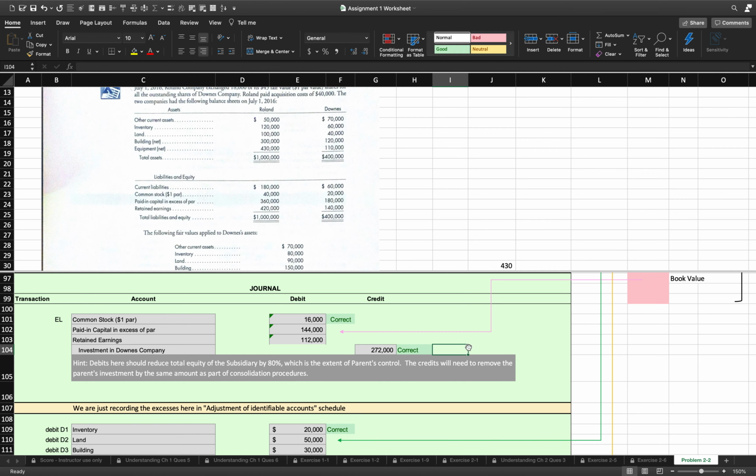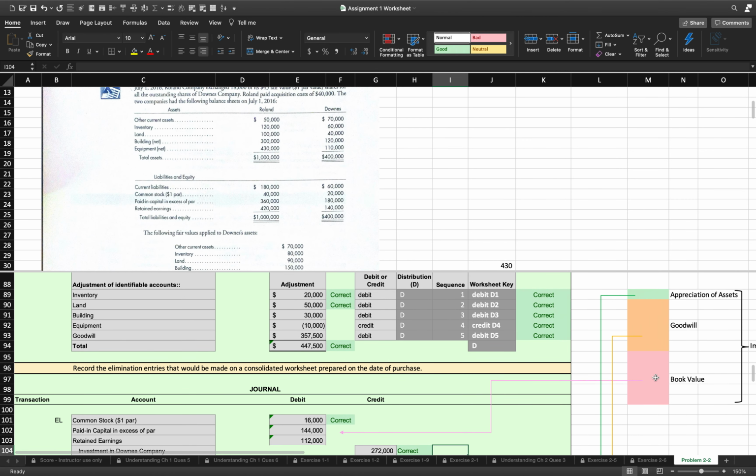Okay, so what we've done is this pink section here, we've ripped away 80% of it from our balance sheet, and what we've given up in return is the investment. We're eliminating our investment, as if we didn't have any investments, and rather what we're going to do is absorb the subsidiary's assets in the subsequent steps.